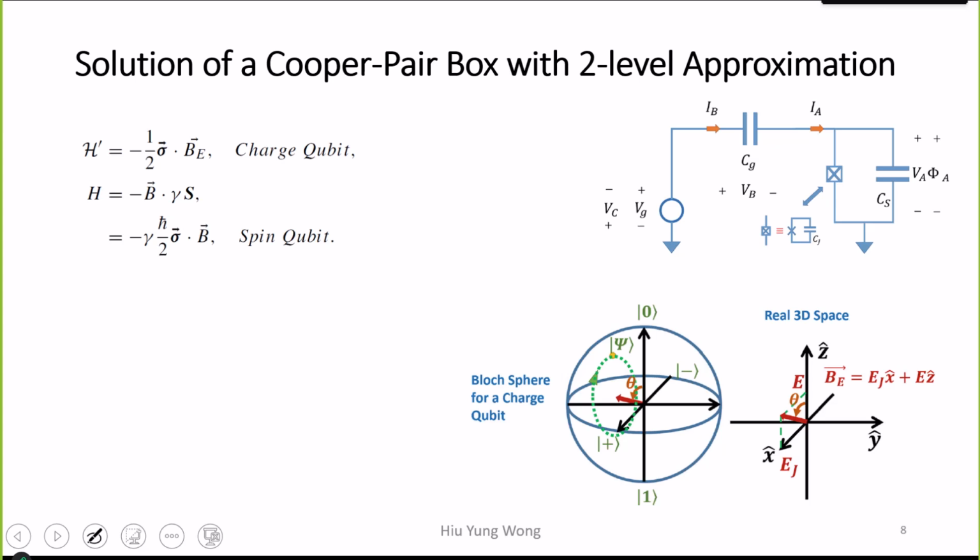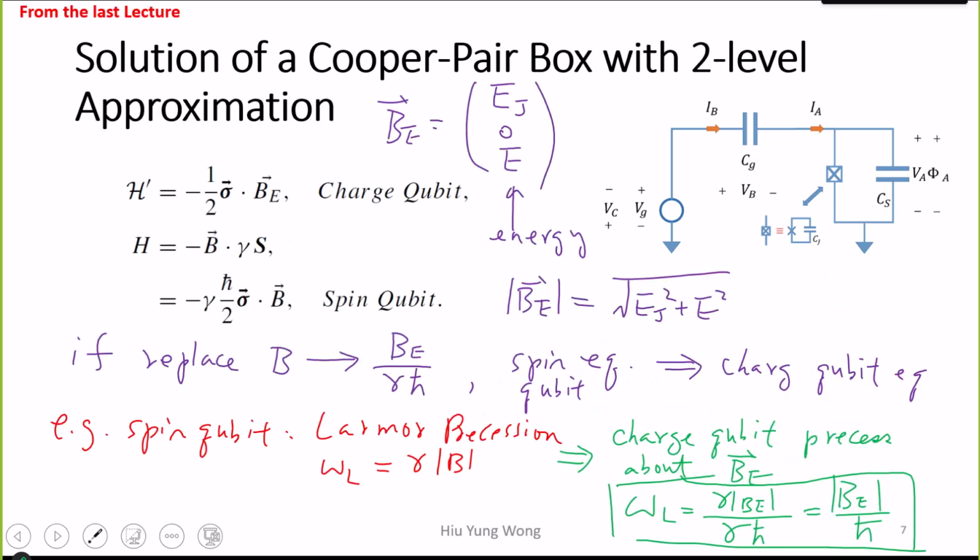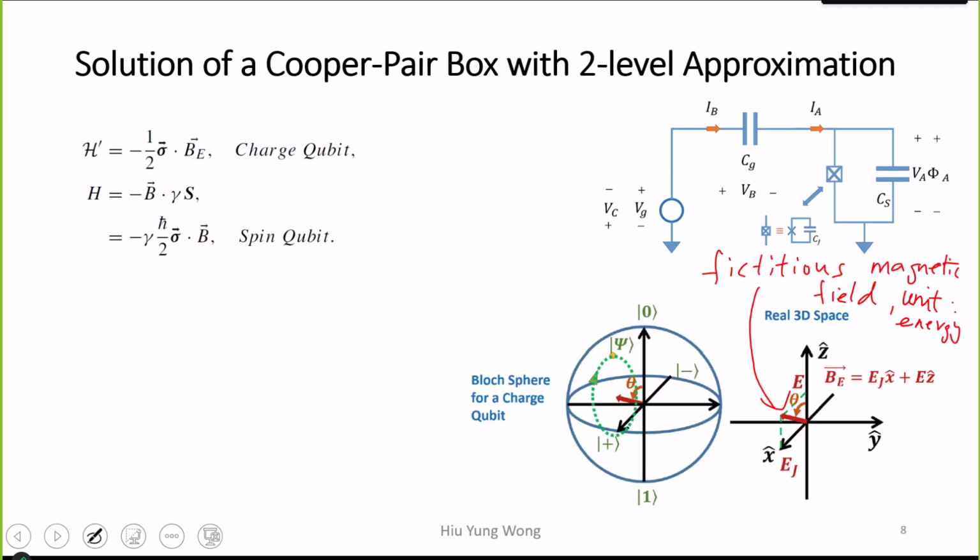Let me remind you, this is a fictitious magnetic field, right? It's not real. And also, its unit is energy, right? It is not a magnetic field, because, as I said earlier, what is E? E is J and C, right? So basically, we have this one.